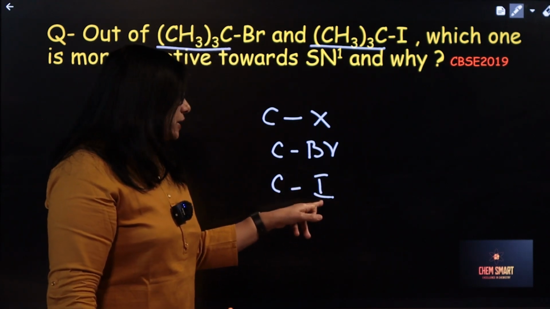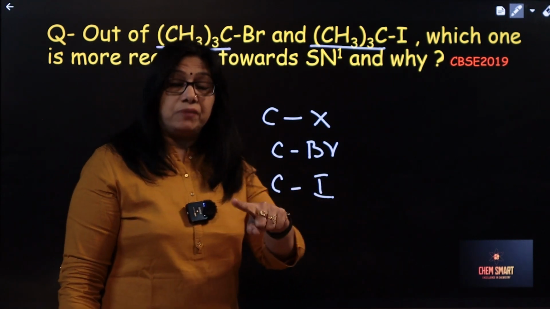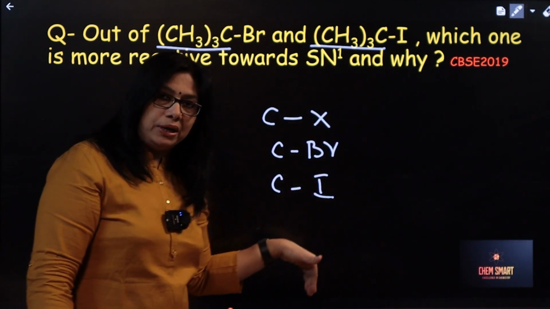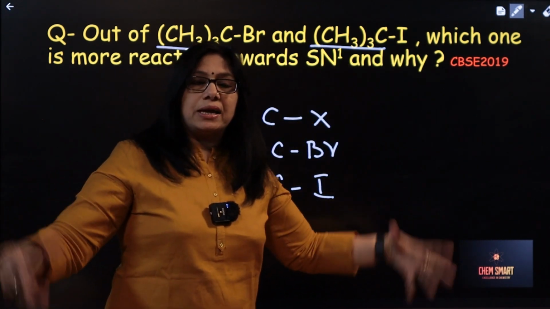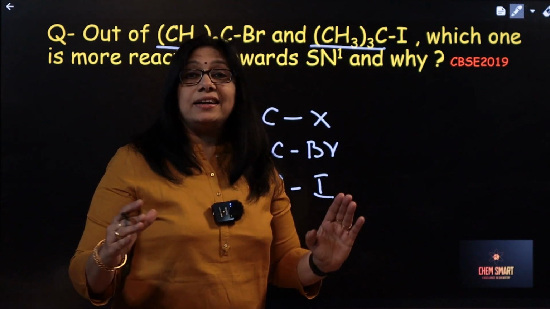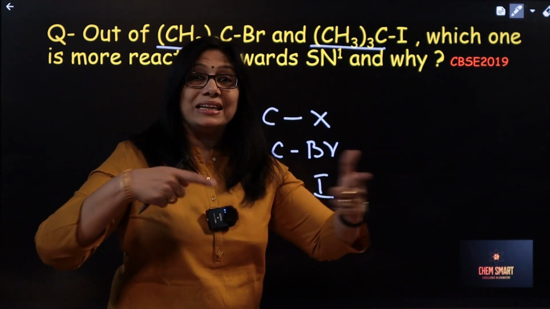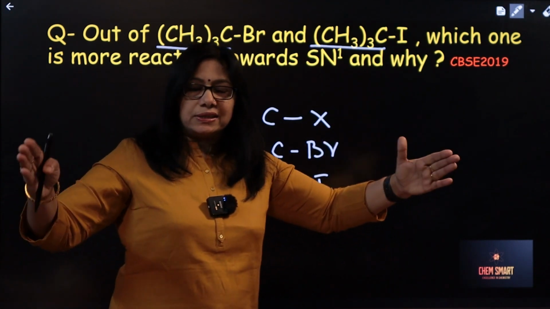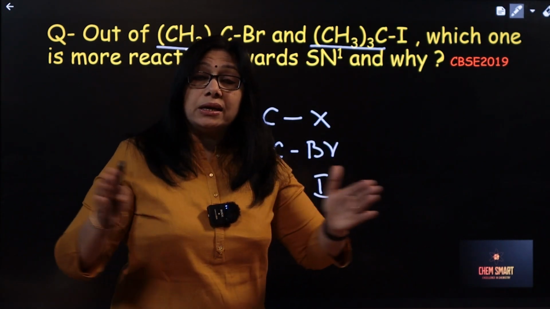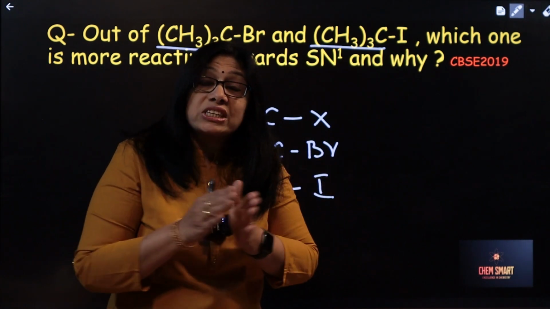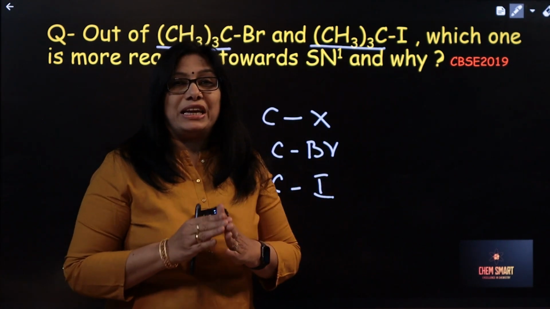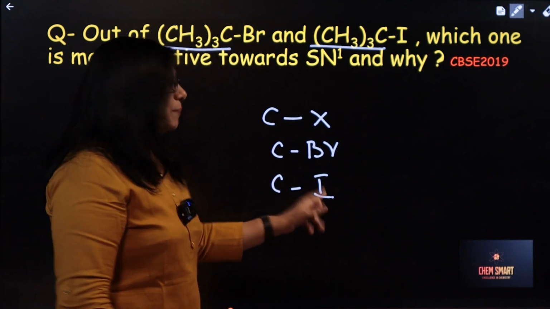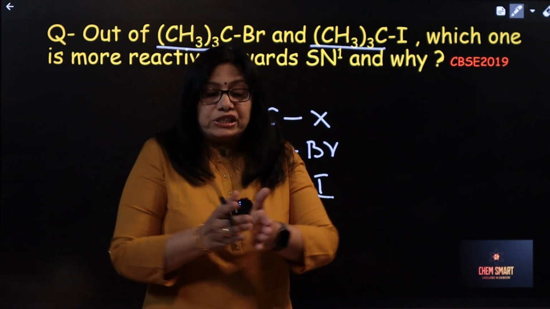You know, iodine is bigger in size. We have discussed in one of the previous sessions that when we go down the halogen family, the atomic size increases and the CX bond length increases. When bond length increases, bond strength will decrease and it will be easy to break that bond, right? So the C-I bond will be weaker because it is longer.